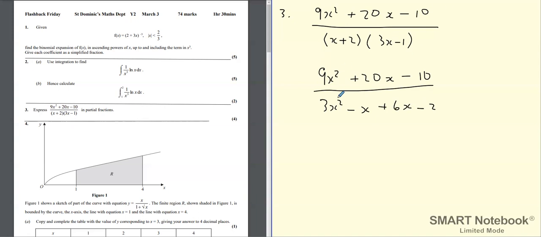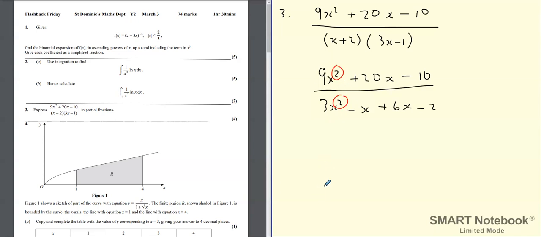If we look at the highest power, or the order of the polynomial, we notice that they're both squared. Now you should know that if the highest power in the numerator and the denominator are the same, it's going to be an improper fraction.